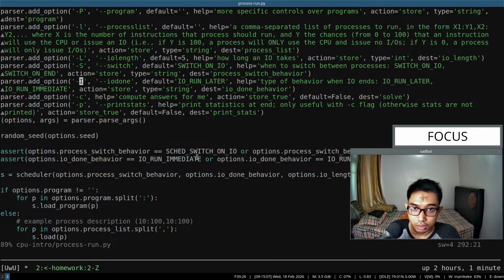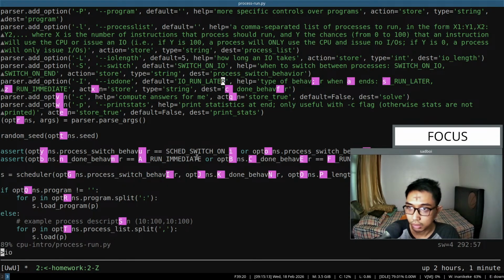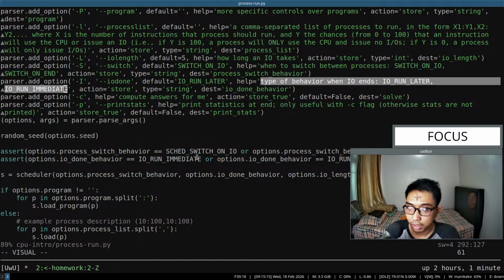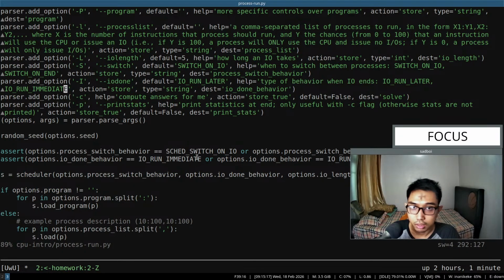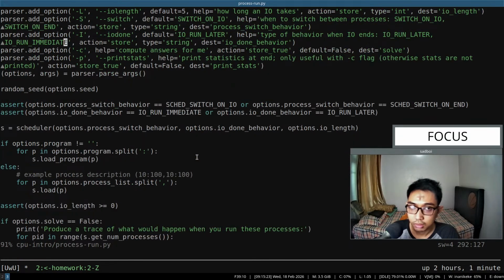Okay, the default is run later, but we can also change that to run immediate. Run immediate. Okay. Alright.